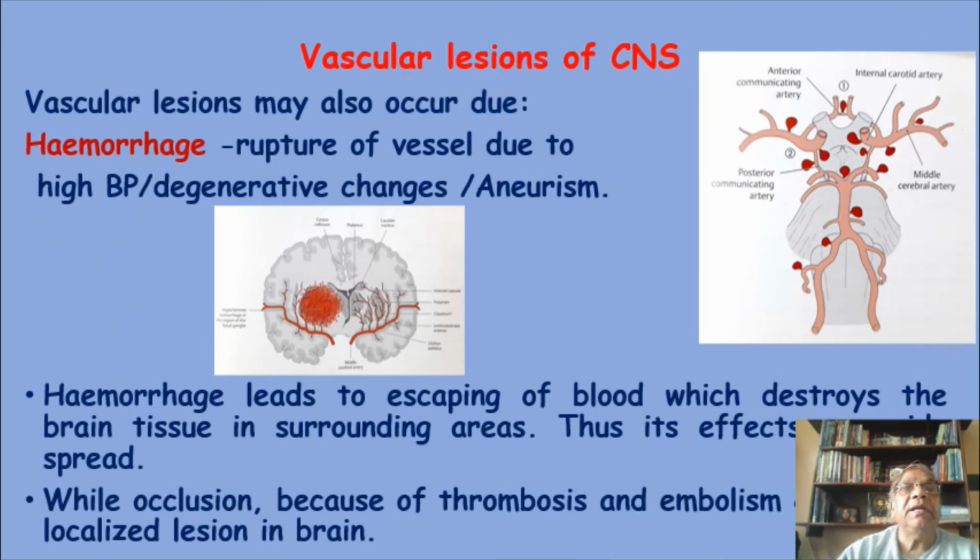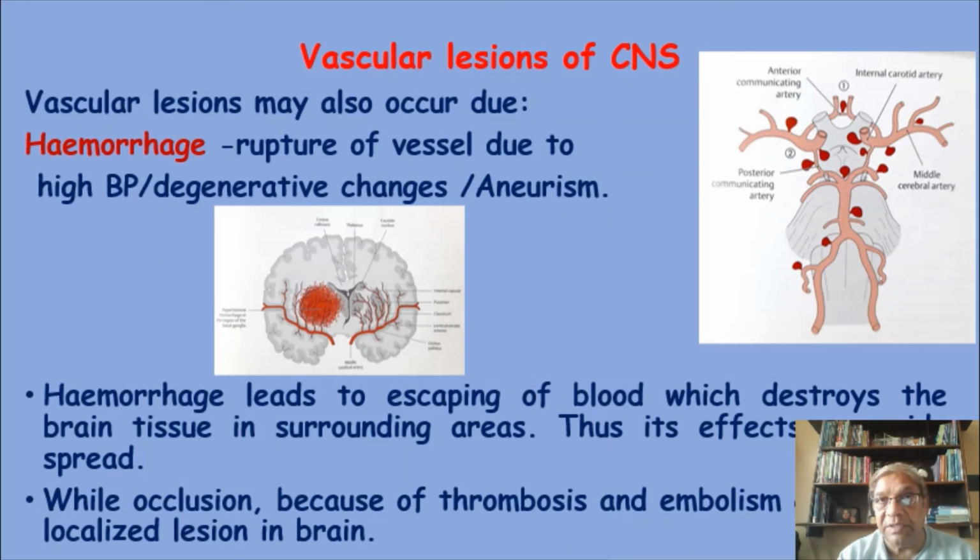Now let us come to another mechanism, the vascular lesion of the CNS, another mechanism of vascular or cerebral ischemic lesion. The vascular lesion may also occur due to hemorrhage, that means rupture of the blood vessel, and rupture of the blood vessel may be due to high blood pressure.